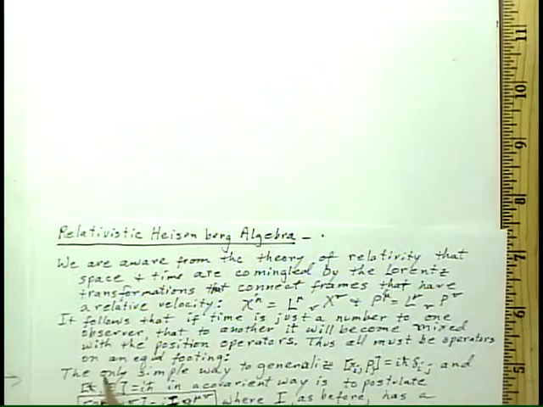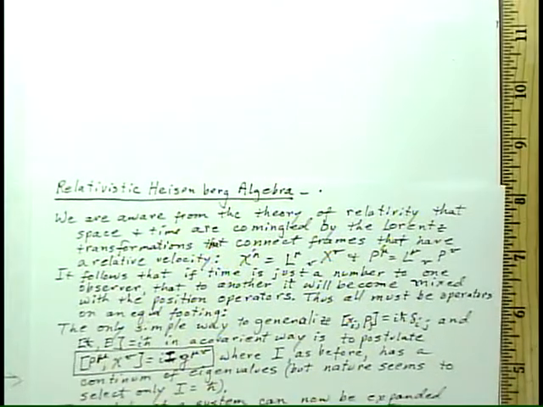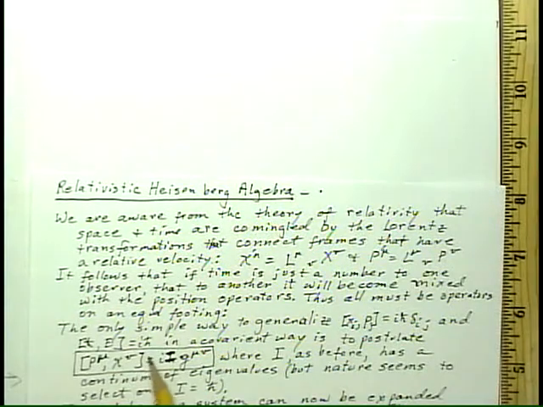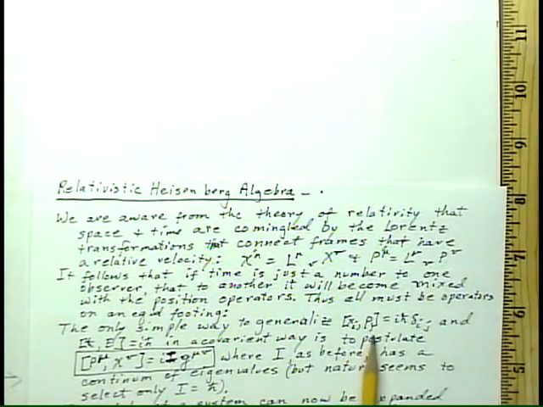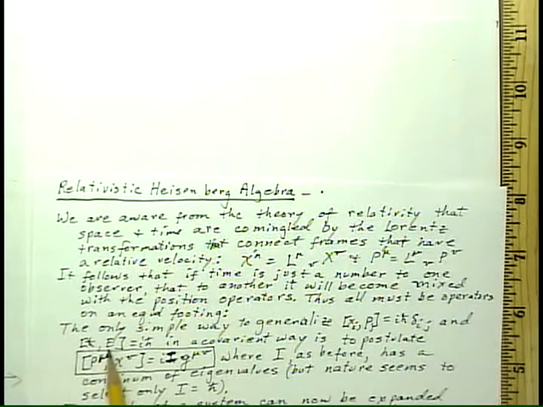It follows that if time were just a number, then it would become mixed with the position operators, so all must be operators on an equal footing. The only way to generalize these commutation rules in a straightforward way from [x_i, p_j] = i h bar delta_ij is to take the time and energy operators and write them as i h bar also in a covariant way.